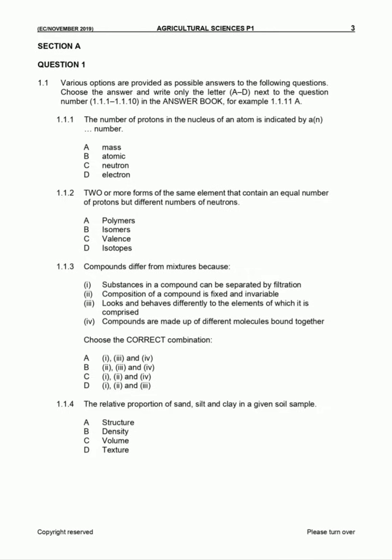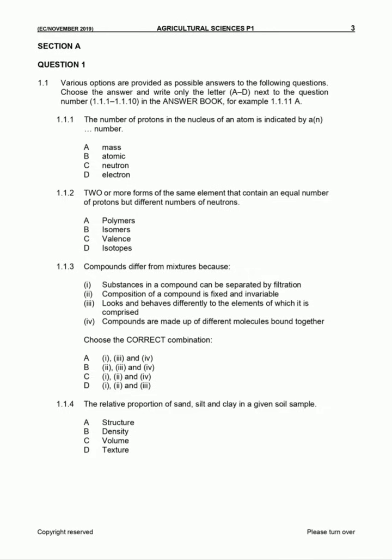Now, this needs to take you back to your knowledge of compounds. What are compounds? We start there. What are mixtures? What I can tell you is that compounds differ from mixtures because their composition is fixed and invariable, and they behave differently to elements.